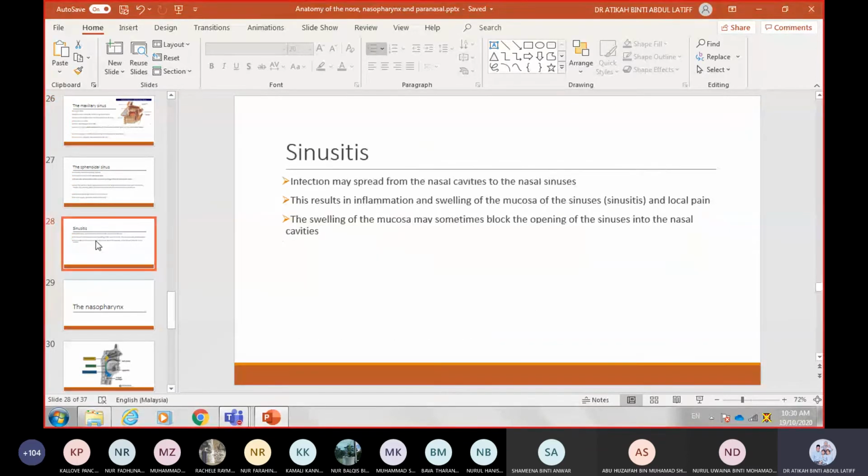That's the main symptom that you can find. And also, if the swelling is too much, it can block the opening of the sinus in the nasal cavity. So it can cause blockage of the drainage of the sinuses. That can cause more problems and more infection, because the infection cannot come out.